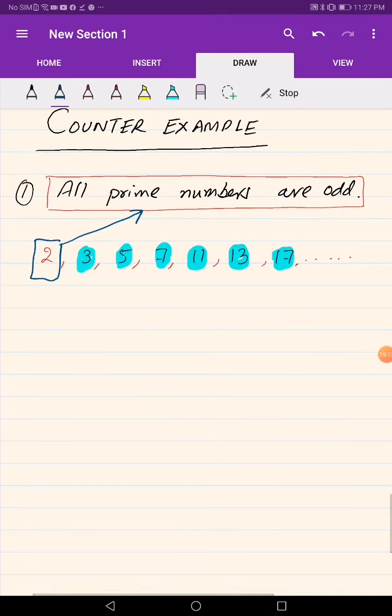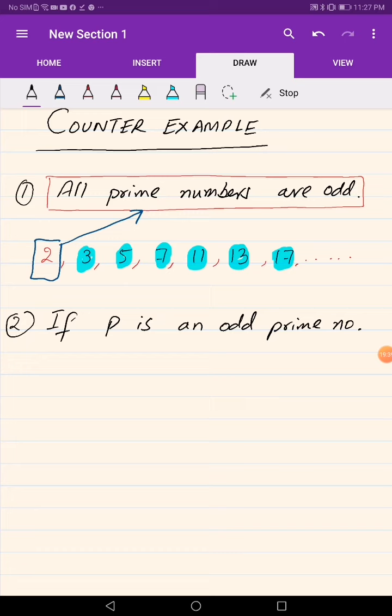I can give you one more example, then we go to the next. Second example: if I say that if P is an odd prime number, keep it in your mind, if P is an odd prime number, then P plus 2 is also a prime number.